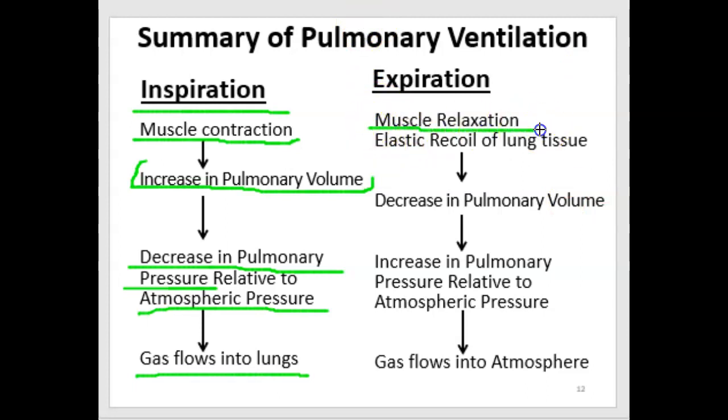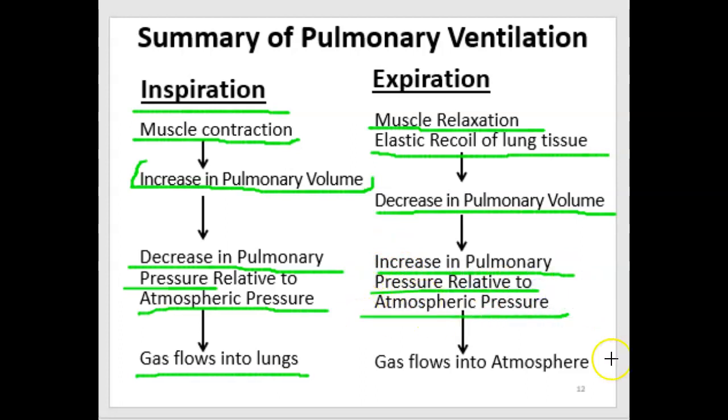We have muscle relaxation and elastic recoil of the lung tissue helps to decrease the volume of the lungs, stated here as a decrease in pulmonary volume. When you lower volume, you increase pressure. And so there's an increase in pulmonary pressure relative to atmospheric pressure. So now where is gas going to go? It's going to go into the atmosphere, or if you prefer, out of the lungs.